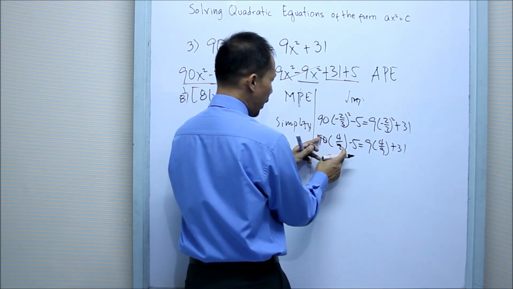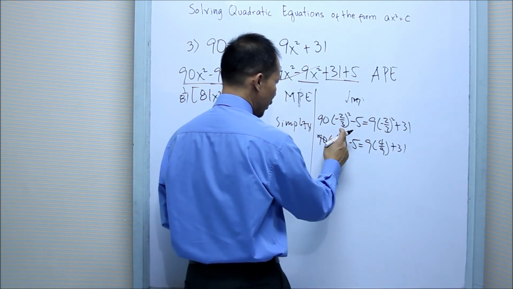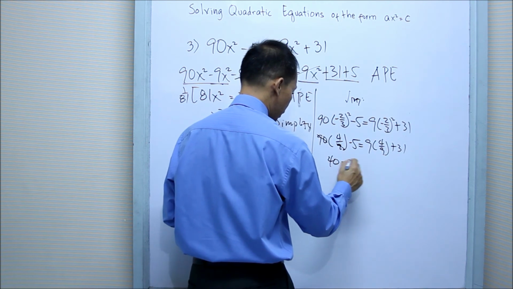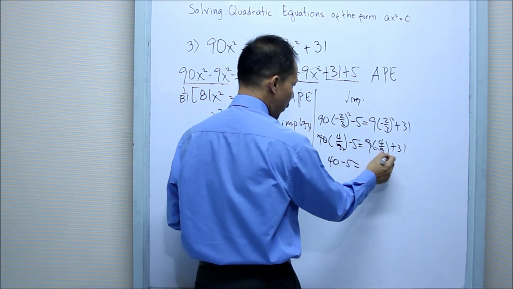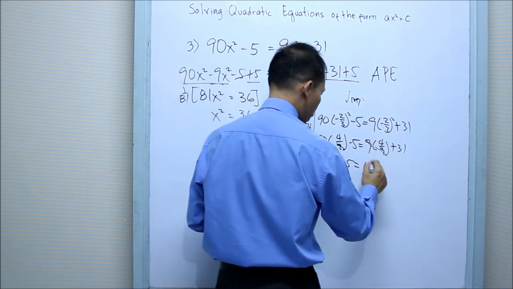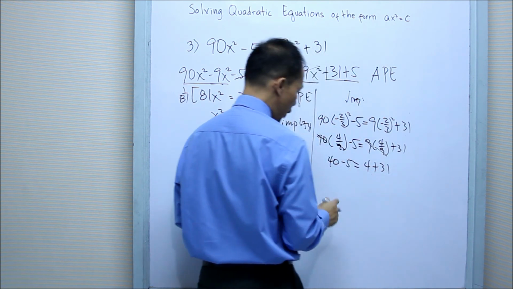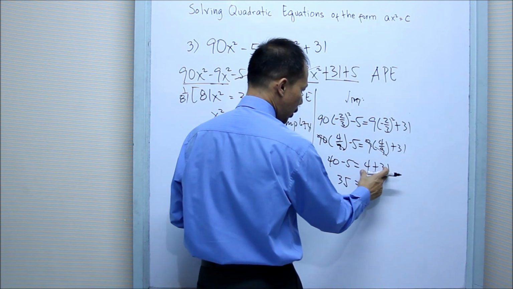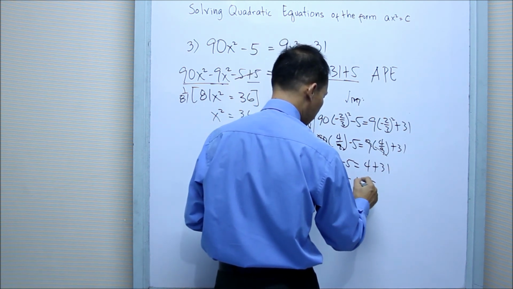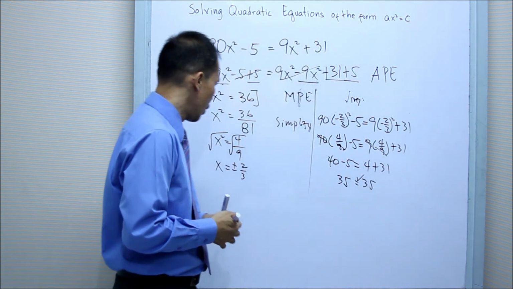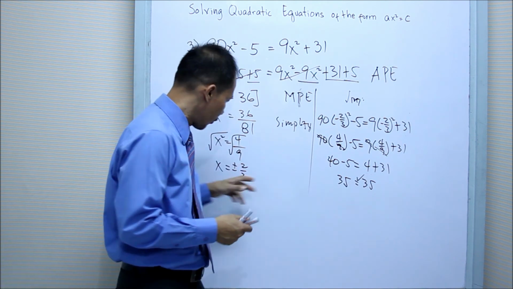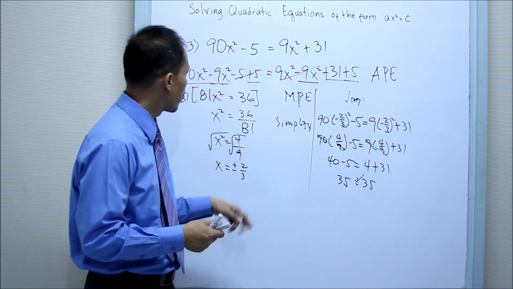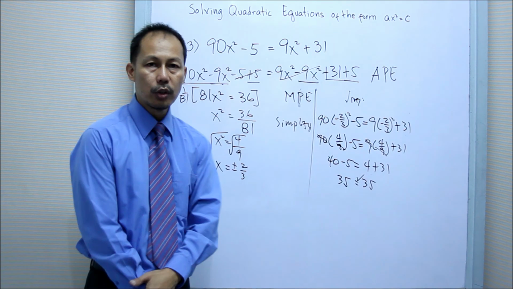We can simplify. This will be 10 times 4, 40 minus 5. We can simplify. This will be 1 times 4, 4 plus 31. By subtraction, I will have 35 on the left. By addition, I will have also 35 on the right, which will give us the idea that positive negative 2/3 satisfies the quadratic equation.